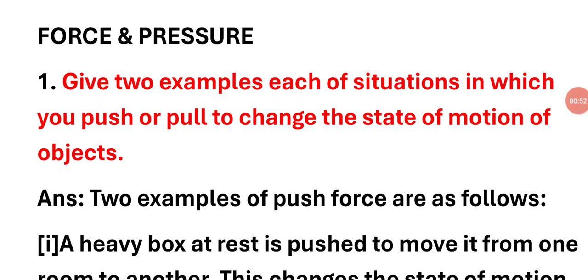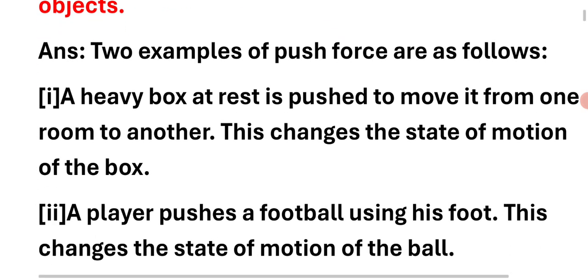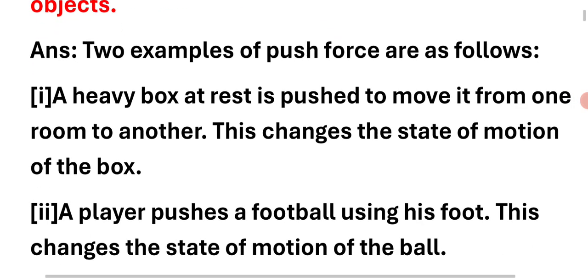Force and pressure. Main question number 1. Give 2 examples each of situations in which you push or pull to change the state of motion of the object. Right answer. 2 examples of push force are as follows.